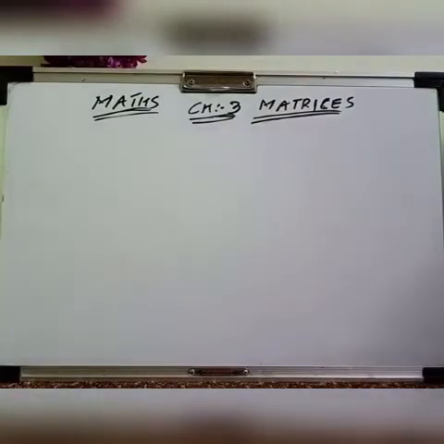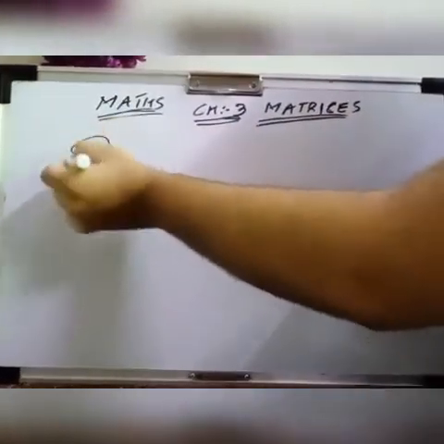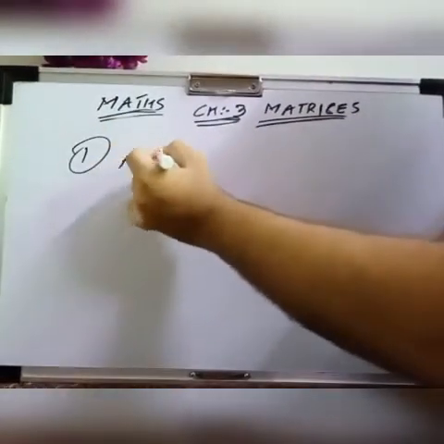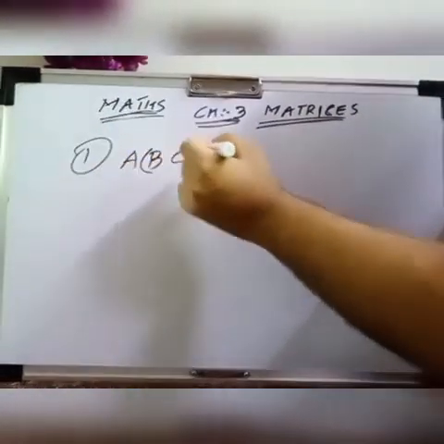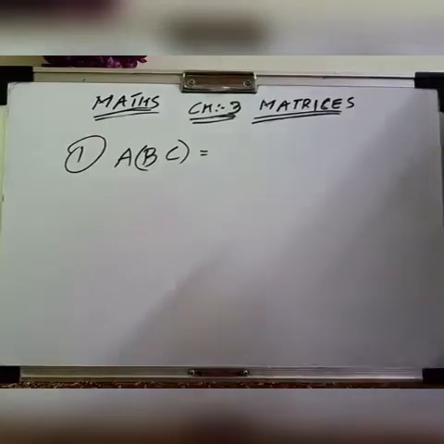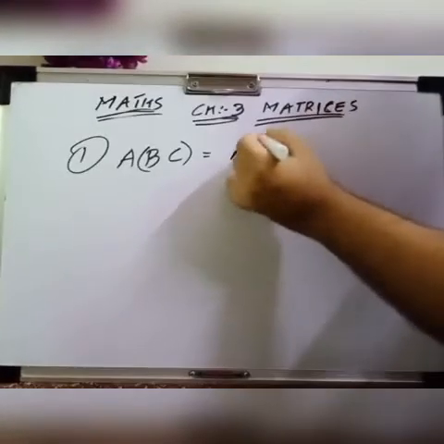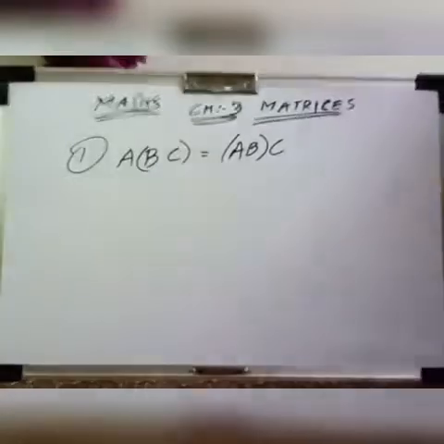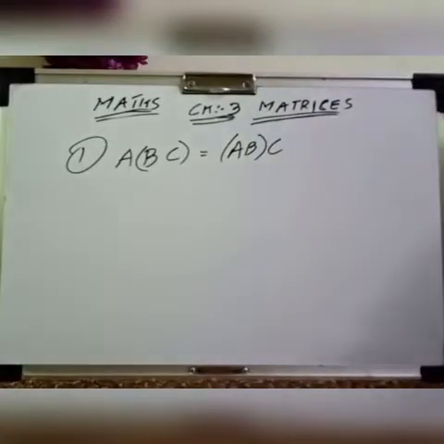Let's try to understand the properties associated with matrix multiplication. First is associativity. Multiplication is associative, means if I am interested in multiplying three matrices, then I can do it in two ways. I can multiply first B and C, and then multiply that resultant with A, or I can multiply A and B first and then multiply that resultant with C. But in both cases, the answer will be the same.